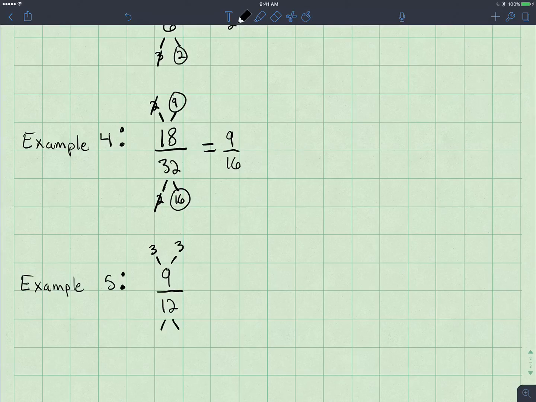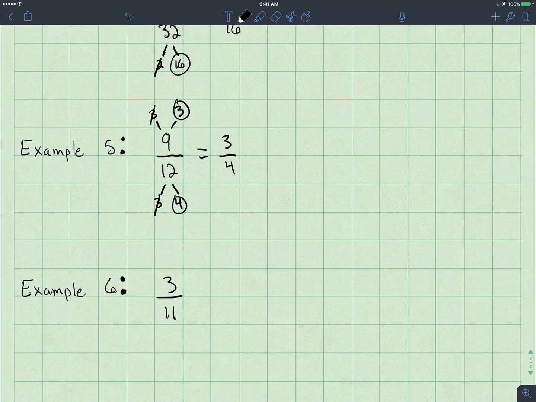So since we have 3 in our factors up top, let's go ahead and use a 3 down below. What multiplied times 3 will get us 12? We know that would have to be a 4. So we have a 3 at the top, a 3 at the bottom, and a 3 and a 4. So our new reduced fraction would be 3/4.